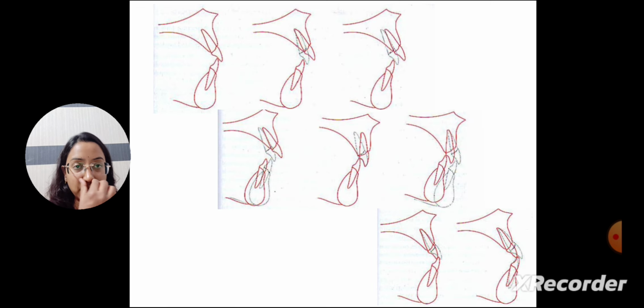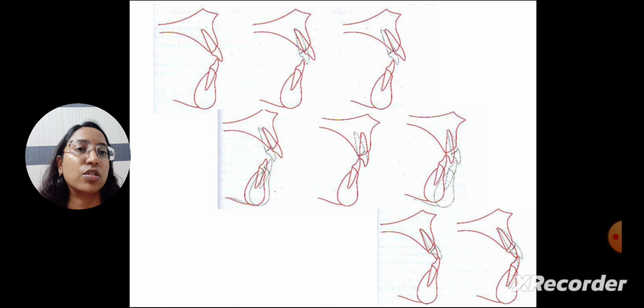The same thing, if we see in the picture here, the first diagram in the top row is a proper class 1 malocclusion with class 1 bases and the teeth in good incisor relationship, which we have to preserve. Whereas in the second picture, it is a mild class 2 or a class 1 base, so just retroclining the teeth, that is, just tipping the upper incisor, to get it into a good relationship with the lower teeth.